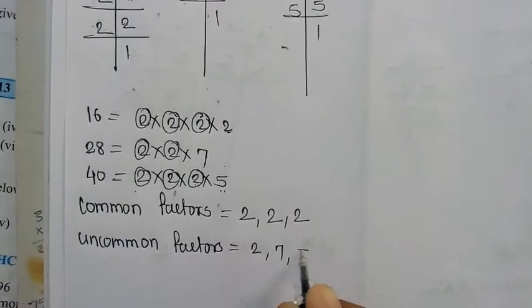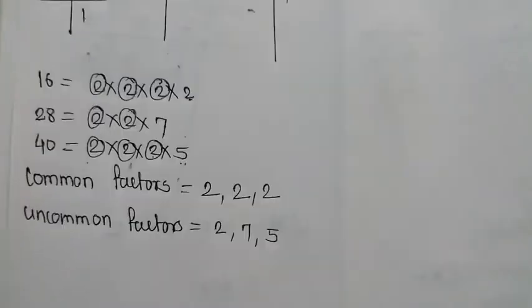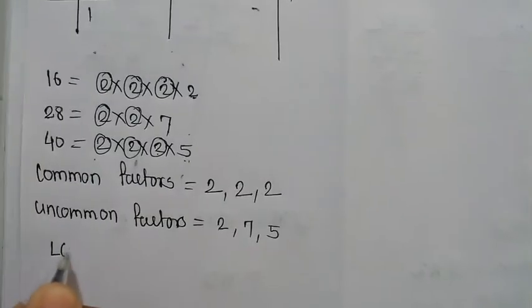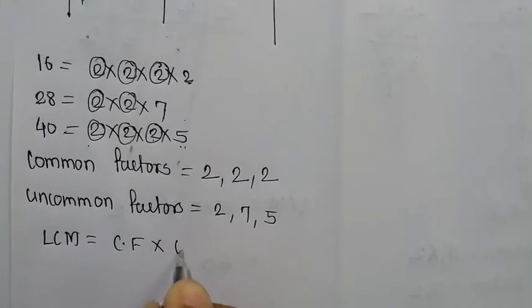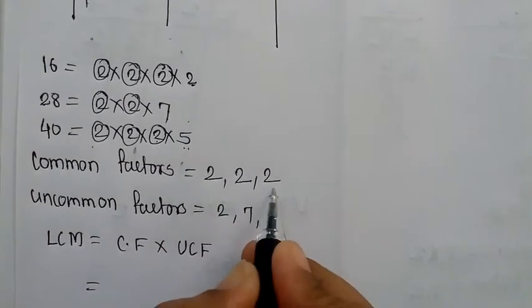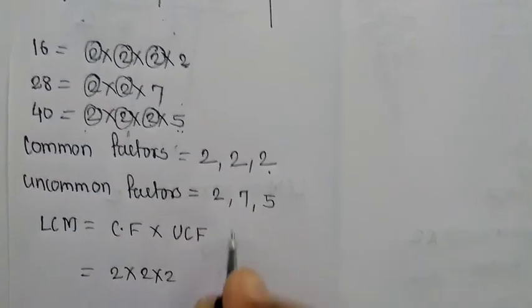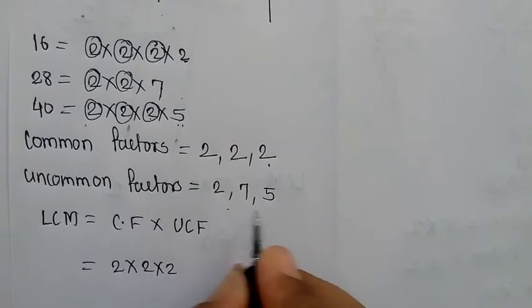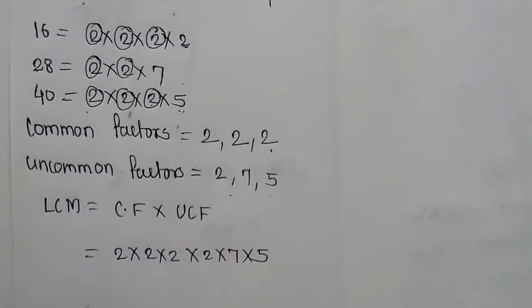So what will be the LCM now? LCM is equal to common factors into uncommon factors. So what are the common factors? 2, 2 and 2. So right here 2 into 2 into 2, and uncommon are 2, 7 and 5, so 2 into 7 into 5.